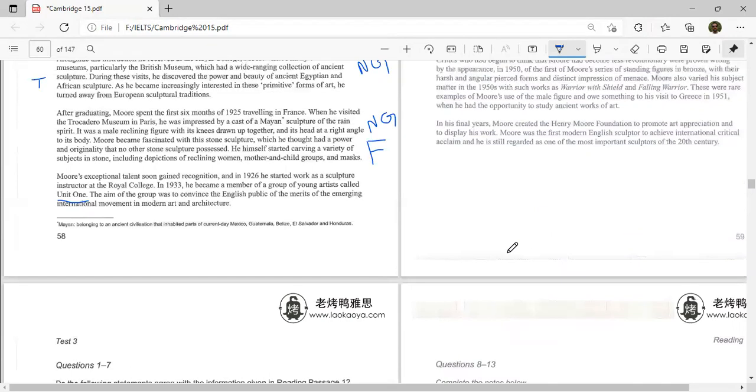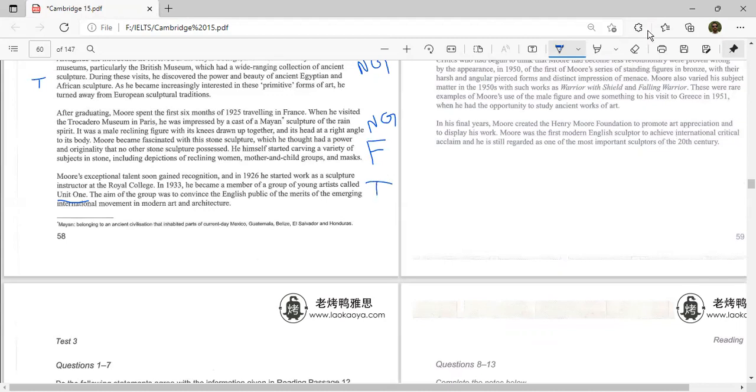Moore's exceptional talent soon gained recognition, and in 1926 he started work as a sculpture instructor at the Royal College. In 1933, he became a member of a group of young artists called Unit 1. The aim of the group was to convince the English public of the merits of the emerging international movement of modern art and architecture. Yeah, true. Very true. Really well done.